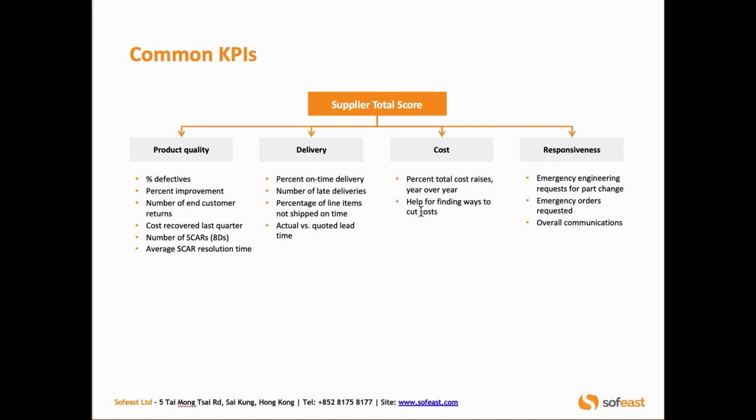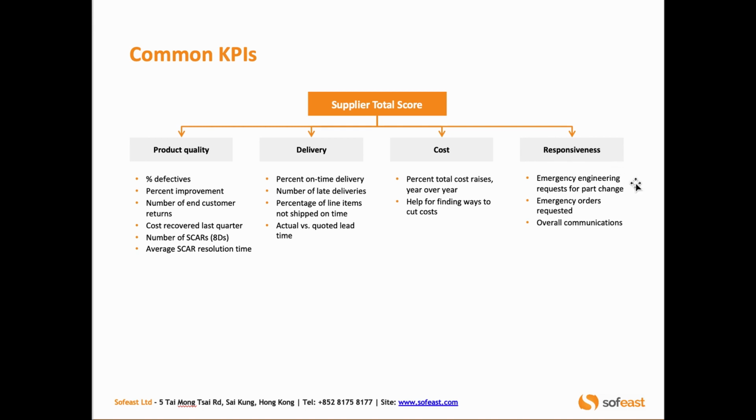And also, do they give us ideas or help? Let's do it like that, maybe change the material, maybe change the process, so that we have ways to cut costs. A good supplier can help here. And this is cooperation or service, the general way of working together.